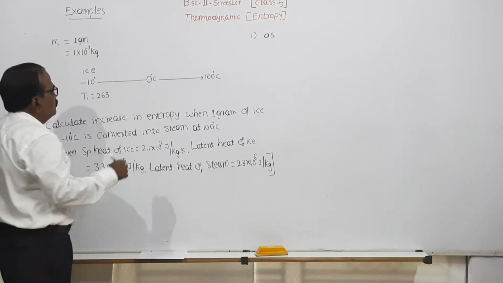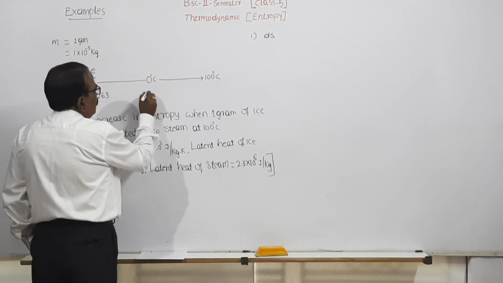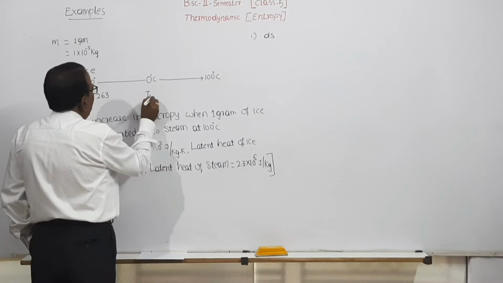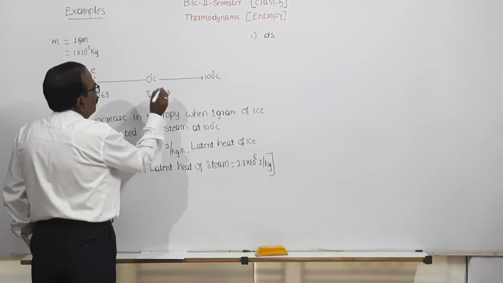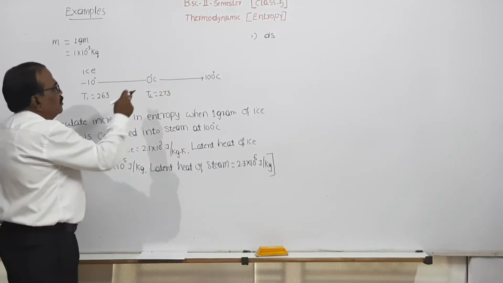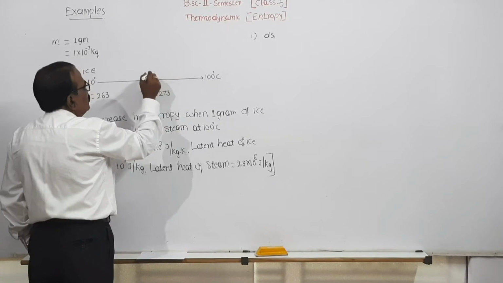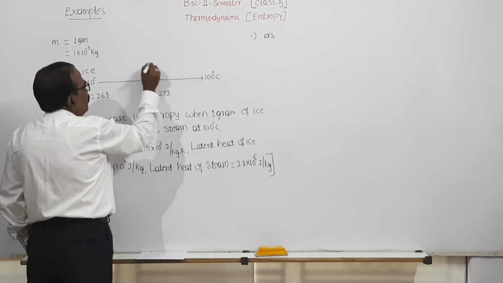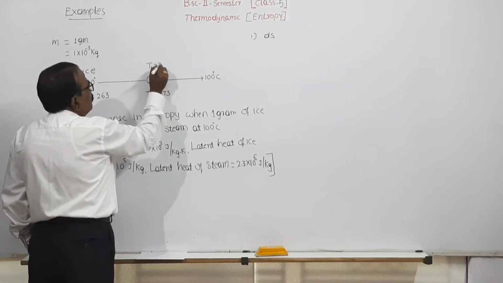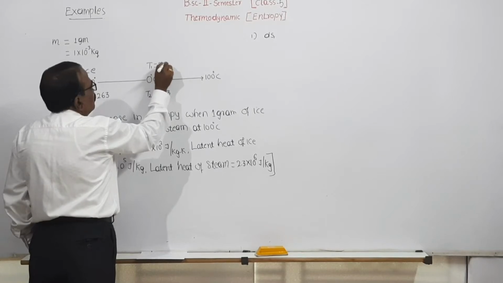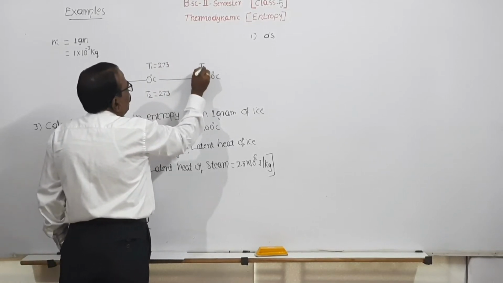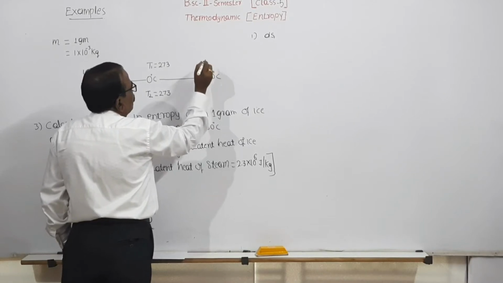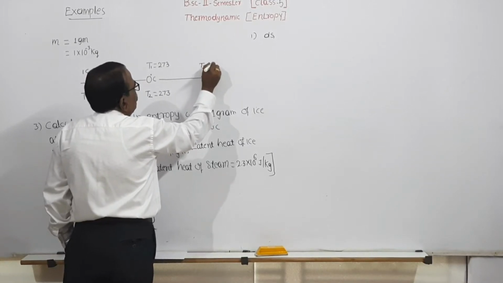And T2 is 273. Then from here to here, this T1 is 273 and this T2 is 373.